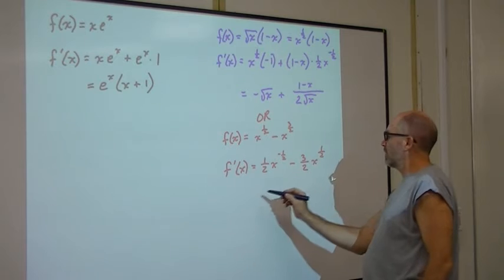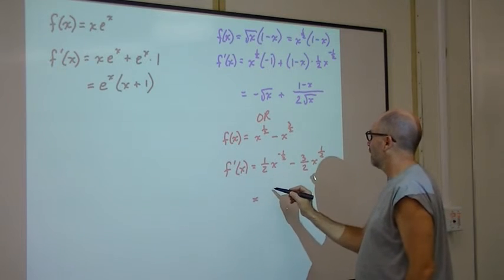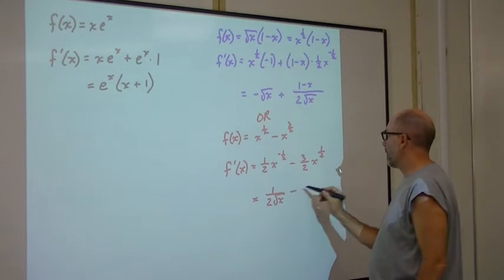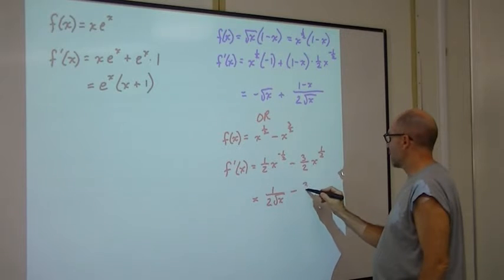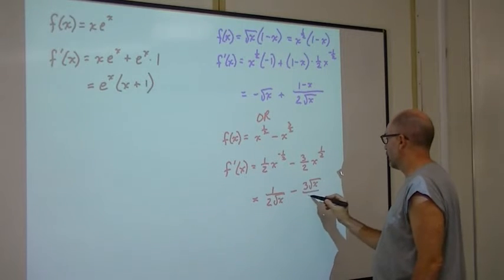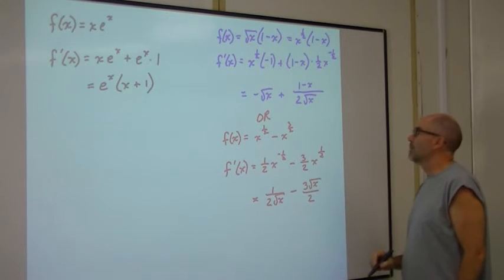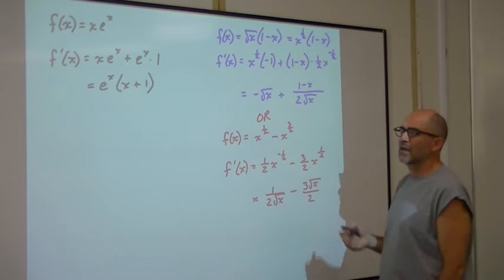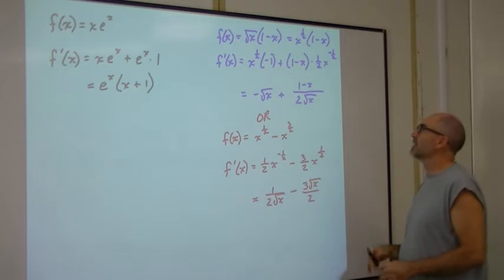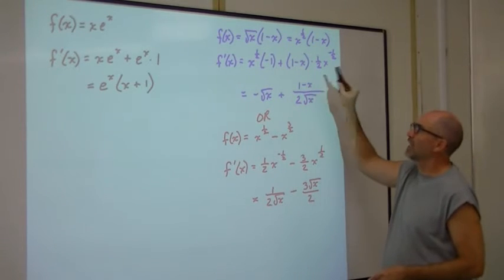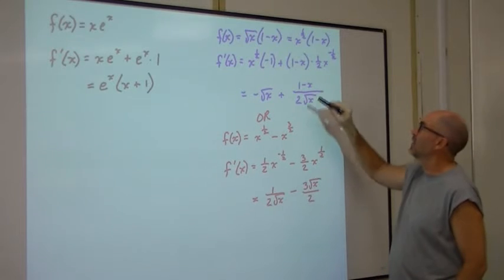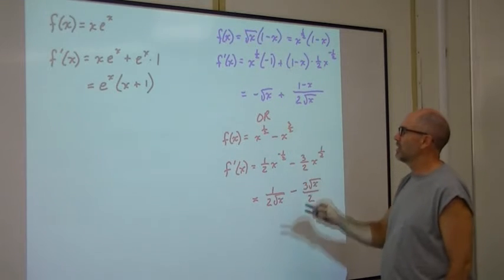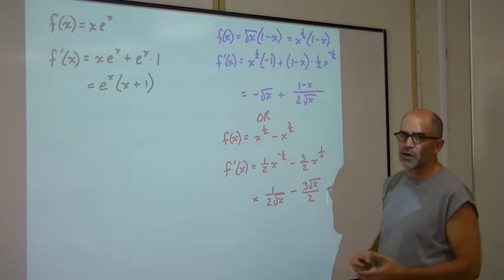And so I could simplify this as 1 over 2 square root of x minus 3 square root of x all over 2. Now, believe it or not, if we algebraically manipulate either of these, it comes out the same. But the moral of the story is, sometimes the product rule isn't the easiest way to go. Sometimes it's easier to just distribute and end up with a simple two terms that take the derivative of each one. You don't need the product rule.